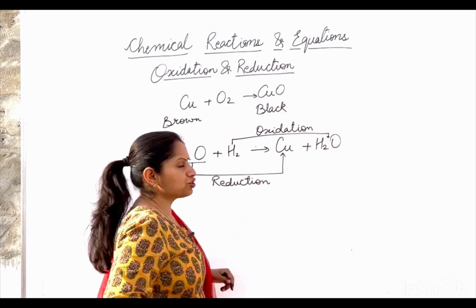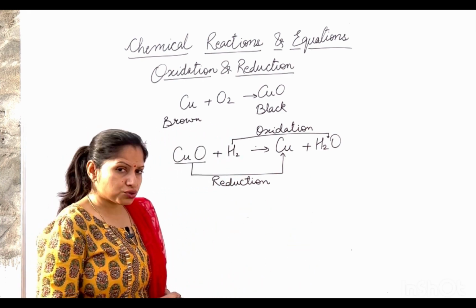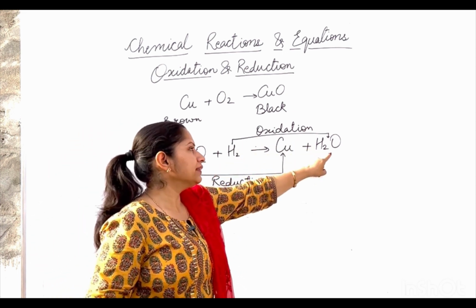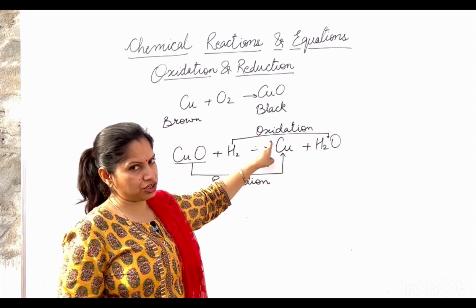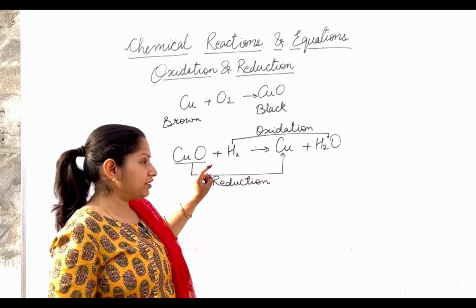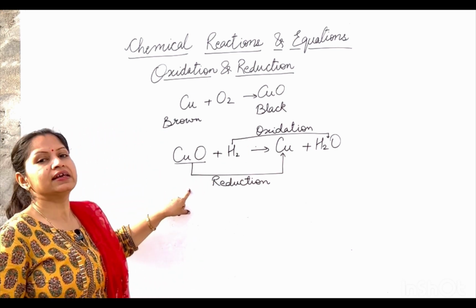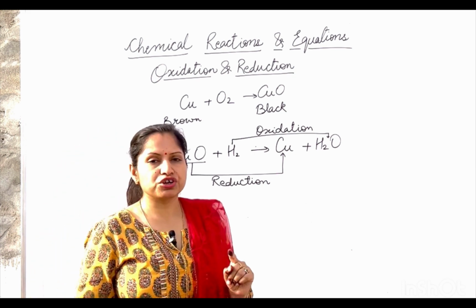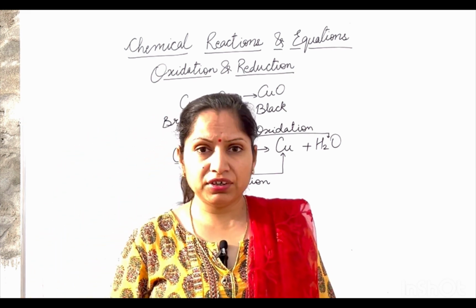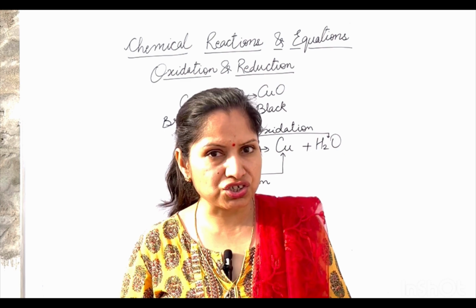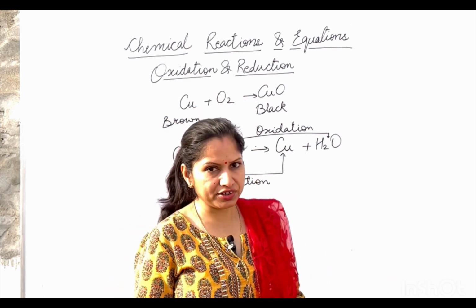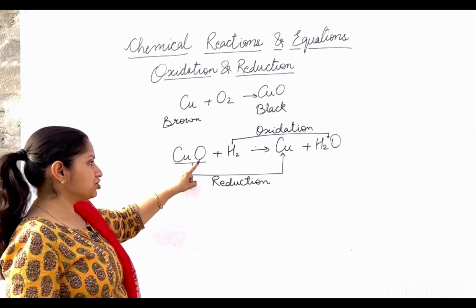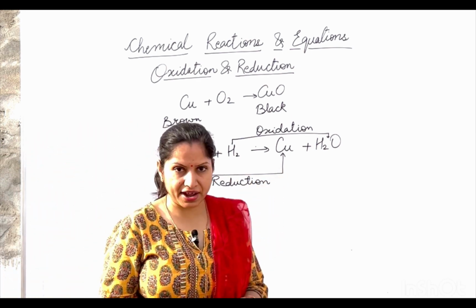So, whenever there is addition of oxygen, that is known as oxidation reaction. And whenever there is removal of oxygen, that is known as reduction reaction. Remember that whenever there is addition of oxygen, that is oxidation, and whenever there is removal of oxygen, that is reduction.